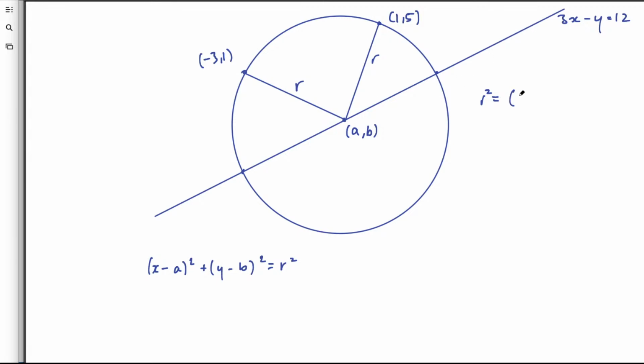So a take -3, so a plus 3 all squared plus b take 1 all squared.